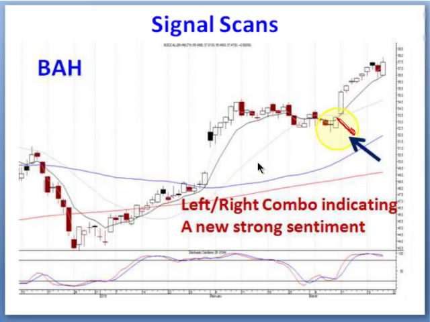But if this turned around and negated the signal, it would tell me to get right back out of that trade and move on to something else. So it's always getting out of the old adage where you cut your losses short and let your profits run.